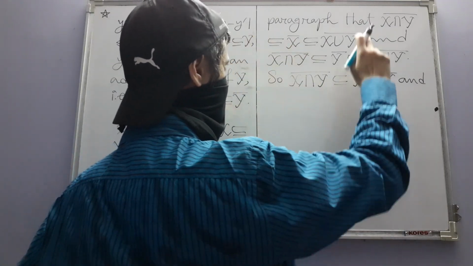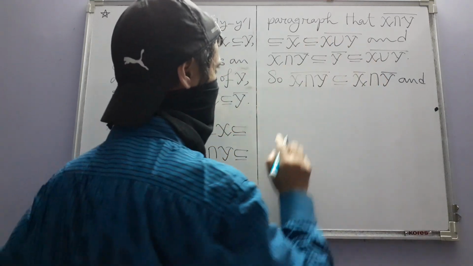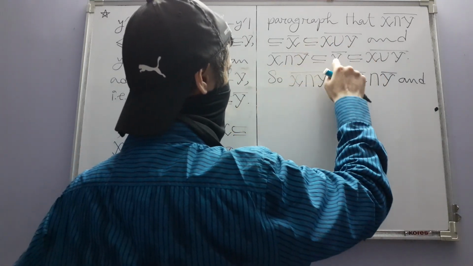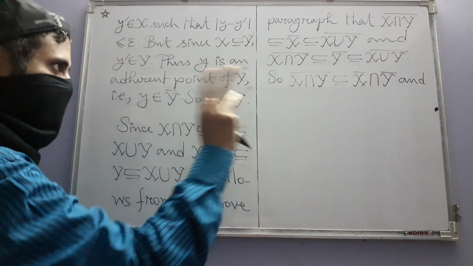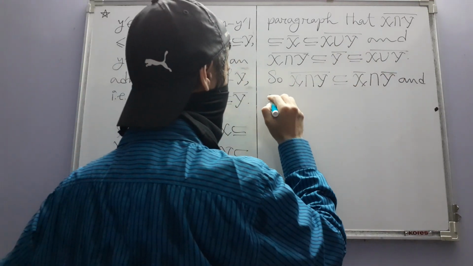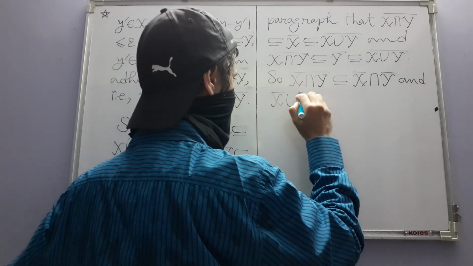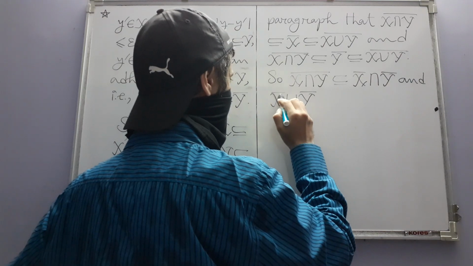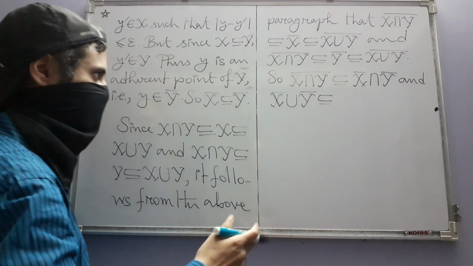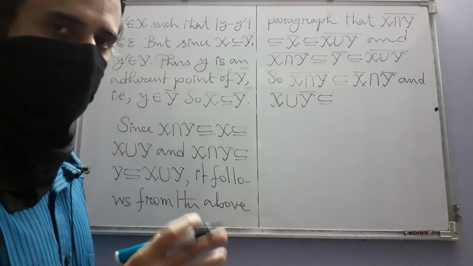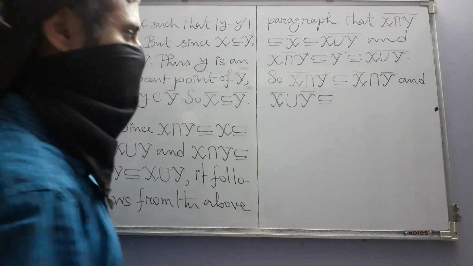And we also get something else from these other containments. X bar and Y bar are both contained in this set, so their union is also contained in that set. That is, X bar union Y bar. It's a little cumbersome to keep calling it closure, so let me just simply call these things X bar and Y bar.